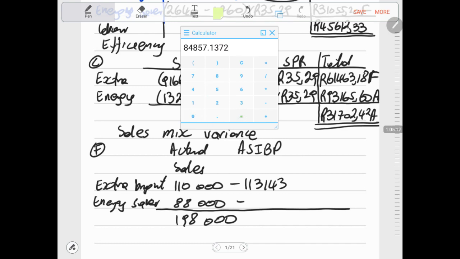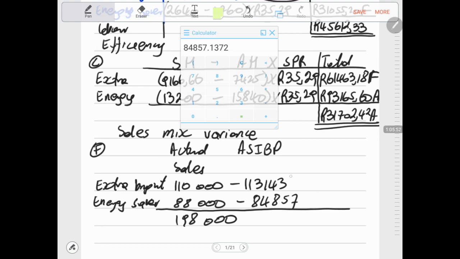That will be 84,857. Let me just confirm that. 90,000 divided by 210,000, yes, multiplied by 198,000. That will be a total of 84,857 units. So this becomes our actual sales volume in budgeted proportion.